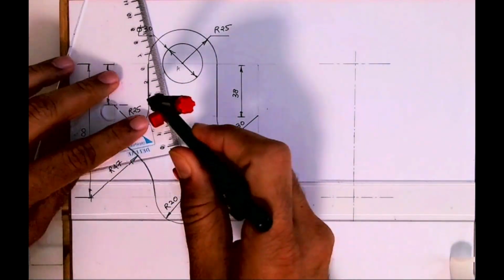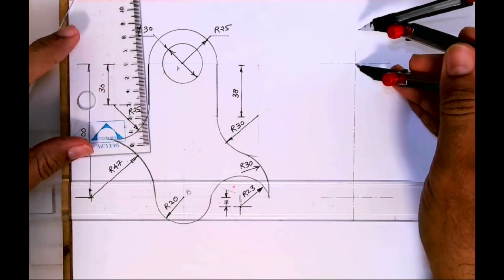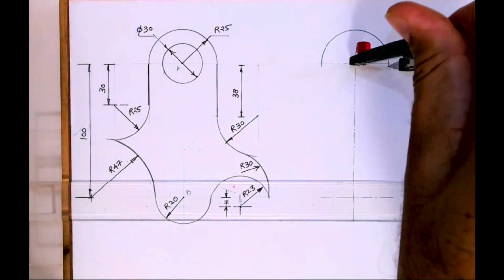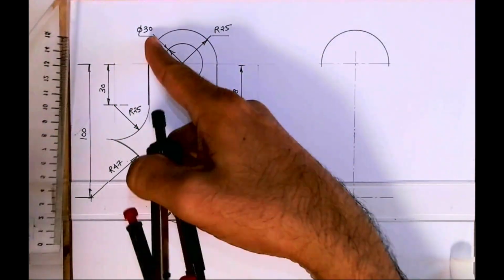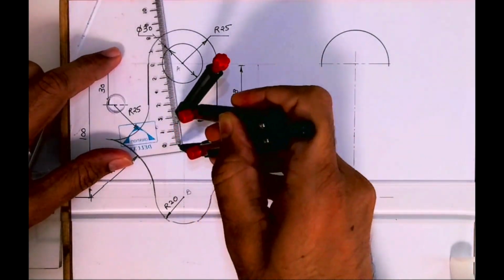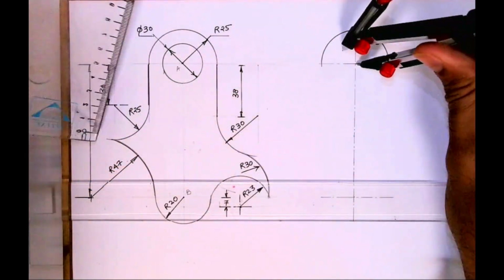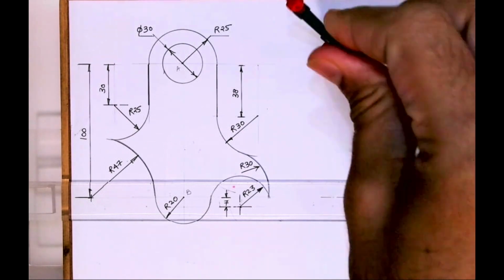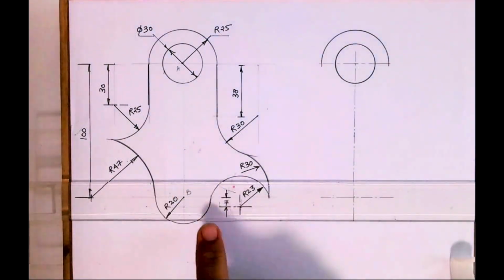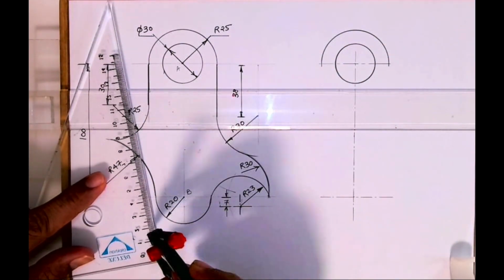After that we'll draw radius 25 and radius 15 from point A. And from point B we'll draw radius 20.